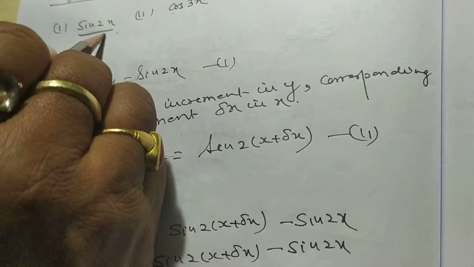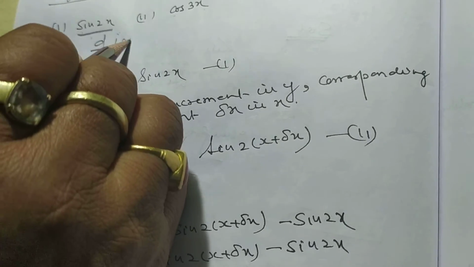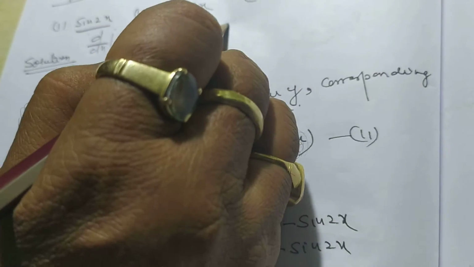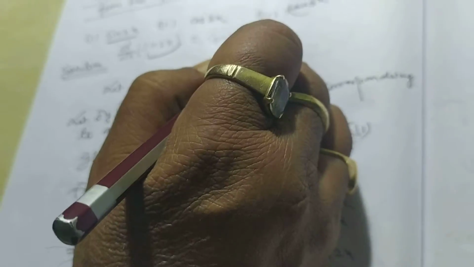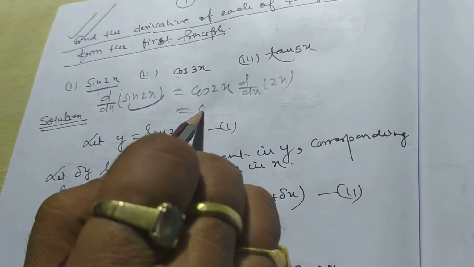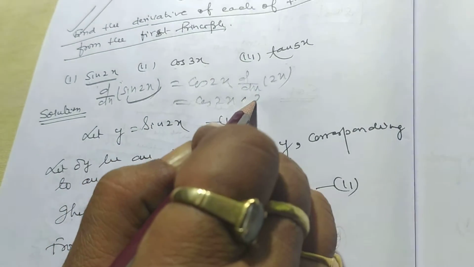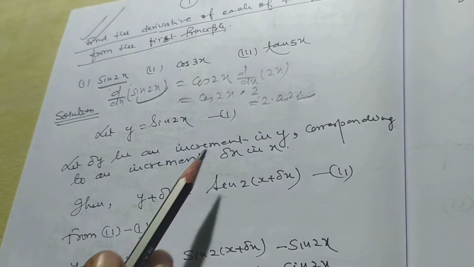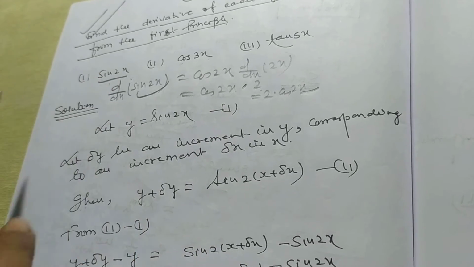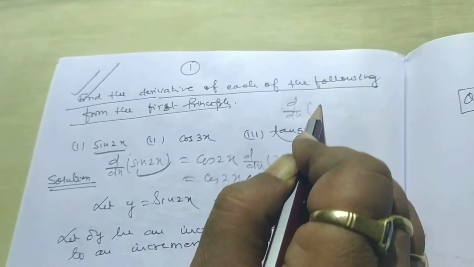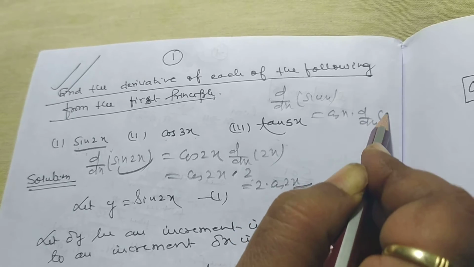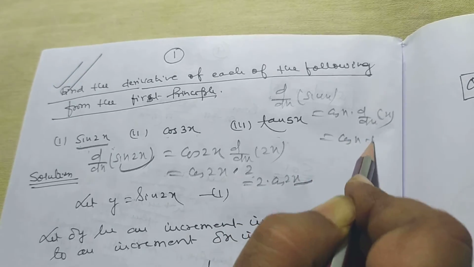So d by dx of sin 2x is, first you differentiate the trigonometrical ratio, cos 2x, and now d by dx of 2x, and it is cos 2x into 2, that is 2 cos 2x. In this way you can directly differentiate sin 2x, and you know d by dx of sin x is cos x, and d by dx of the angle, that is cos x into 1, cos x.